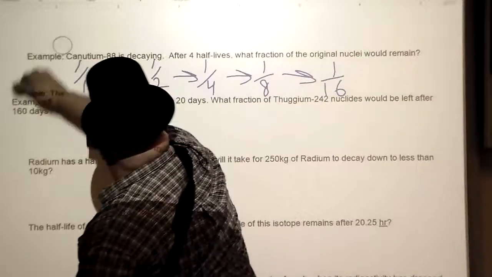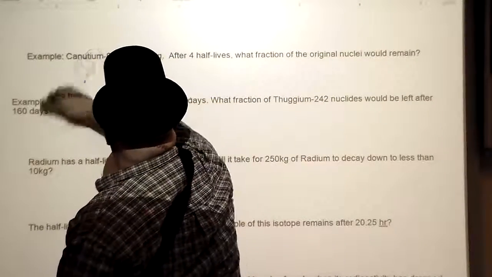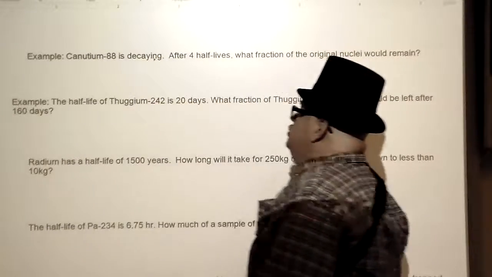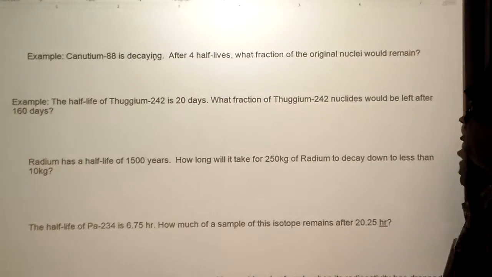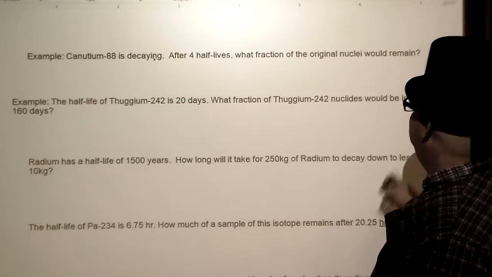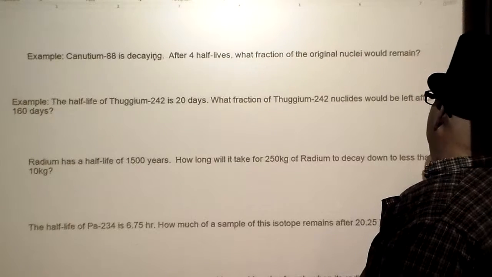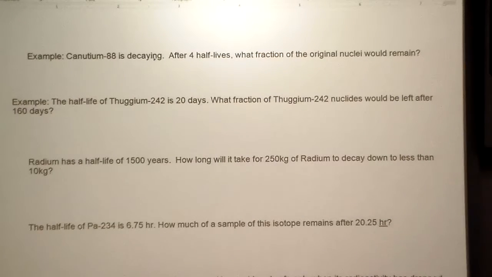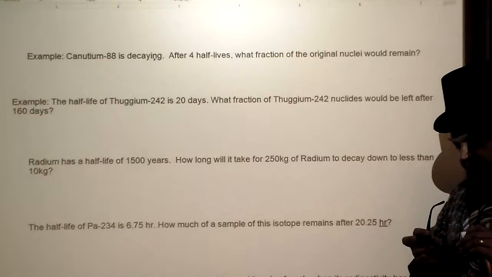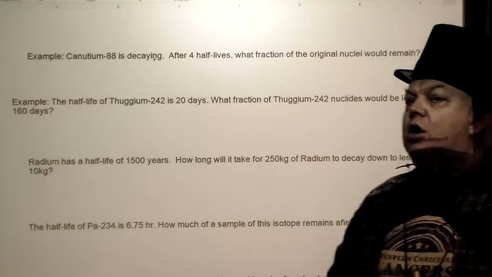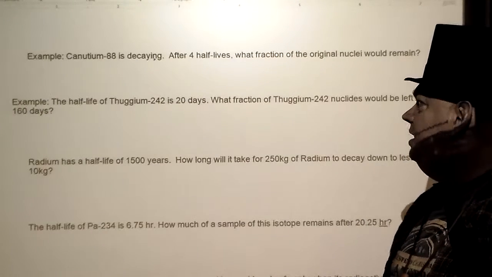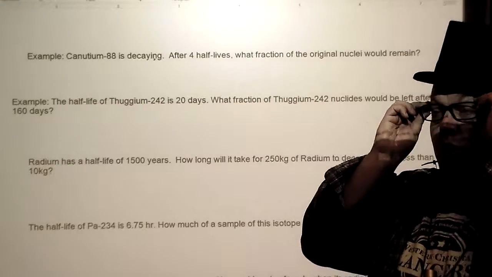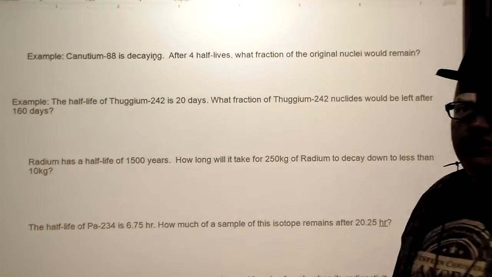So, let's see what we have here for our next problem. We have here the half-life of thugium-242 is 20 days. What fraction of thugium-242 nuclides would be left after 160 days? Now, in this case, you know how many days you have, you also know the half-life in days.